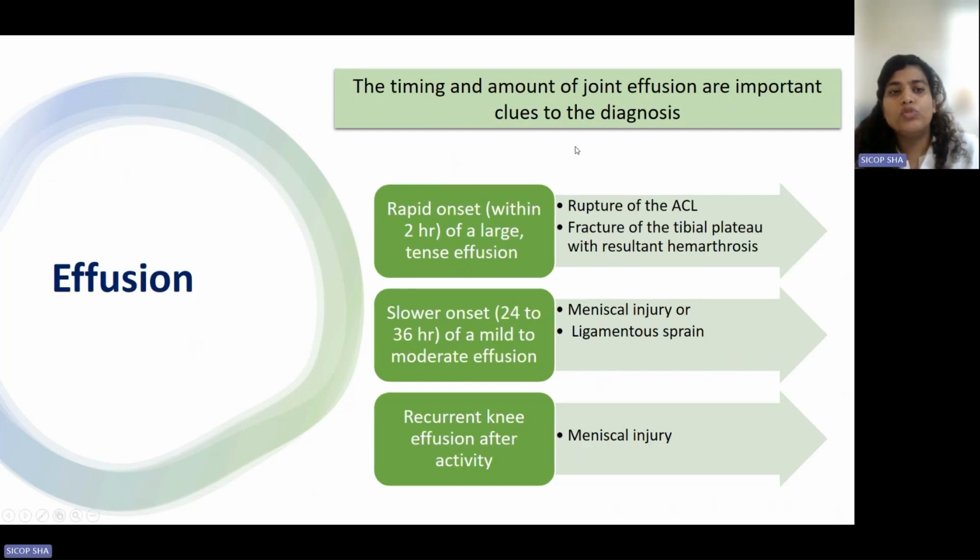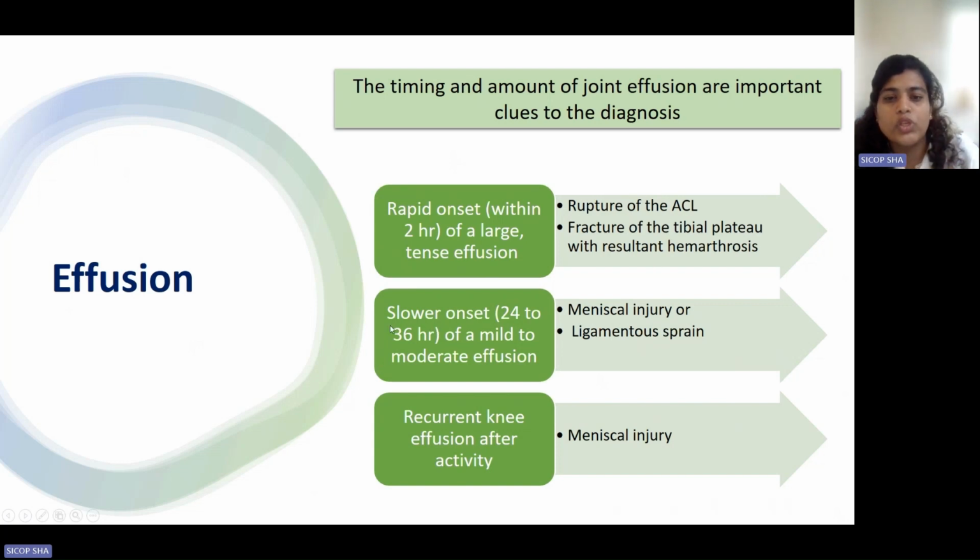So timing and amount of joint effusion, which is quite commonly seen in the knee joint, plays an important role in diagnosing the condition. So if the patient has effusion with a rapid onset within 2 hours of the injury, then it goes towards ACL rupture, then fracture of proximal tibia, that is tibial plateau.